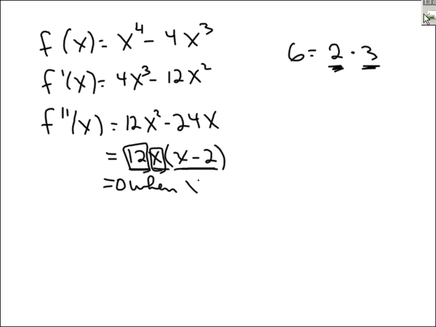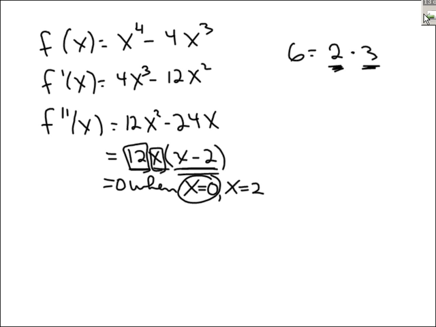The 12 is never 0, but x is 0 when x is 0, and x minus 2 is 0 when x is 2. So we want to see the only possible places. Remember, a point of inflection can only happen where the second derivative is 0.